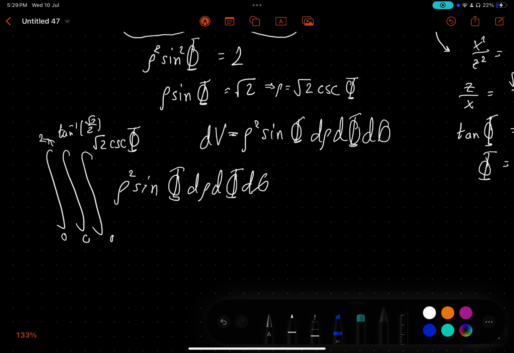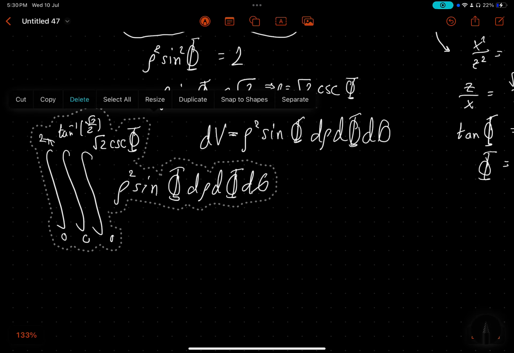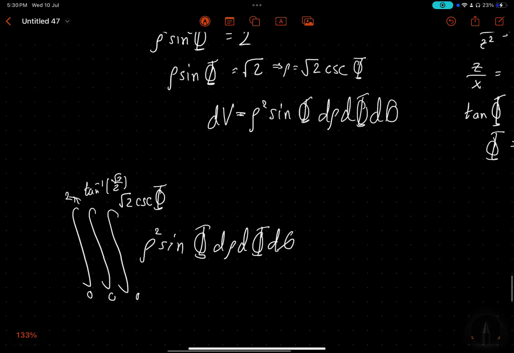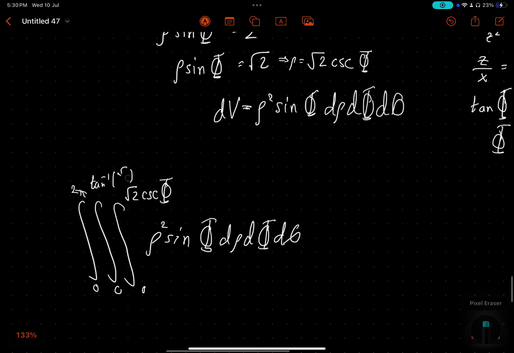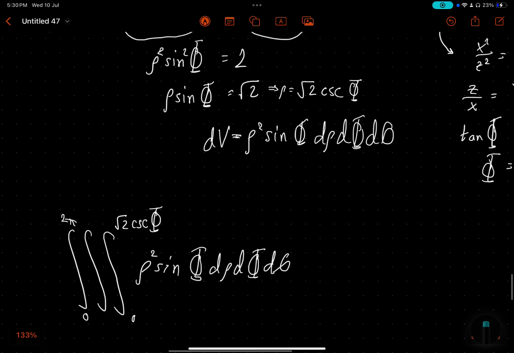Let's just check our answer. So first rho will go from 0 up to root 2 cosecant phi. And actually I might have made a mistake here, since our phi is a bit confusing.